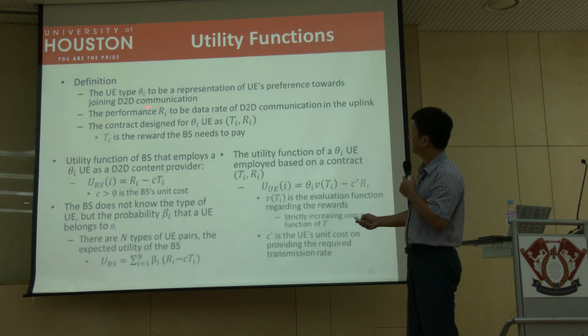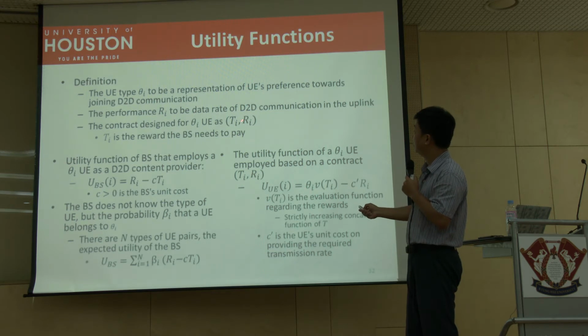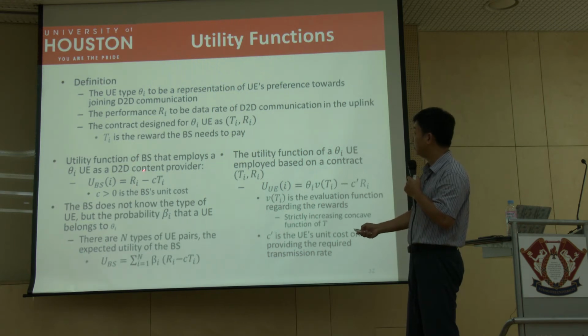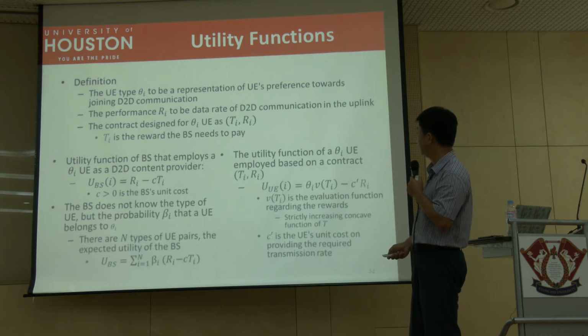So basically we have a contract with a different type theta and a different reward. For the base station, they have the reward from data offloading minus the reward they give. And for the user, they get the reward minus the effort they need to do.